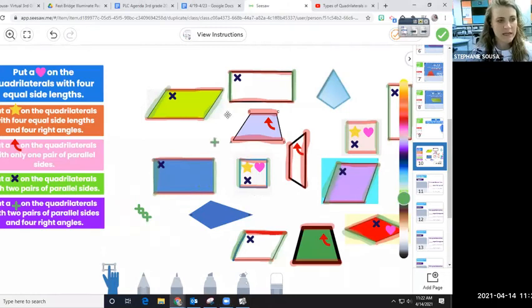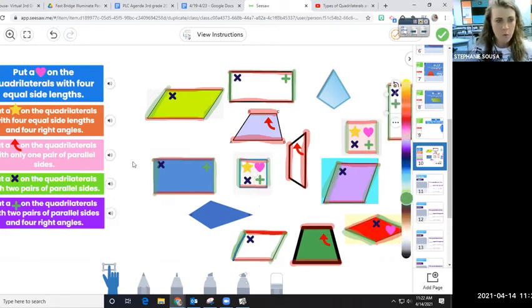Rectangle, 4 right angles. Let's go put that plus sign in those rectangles and in those squares. Here are right angles. Here are right angles. Here are right angles. Here are right angles. And here are right angles.